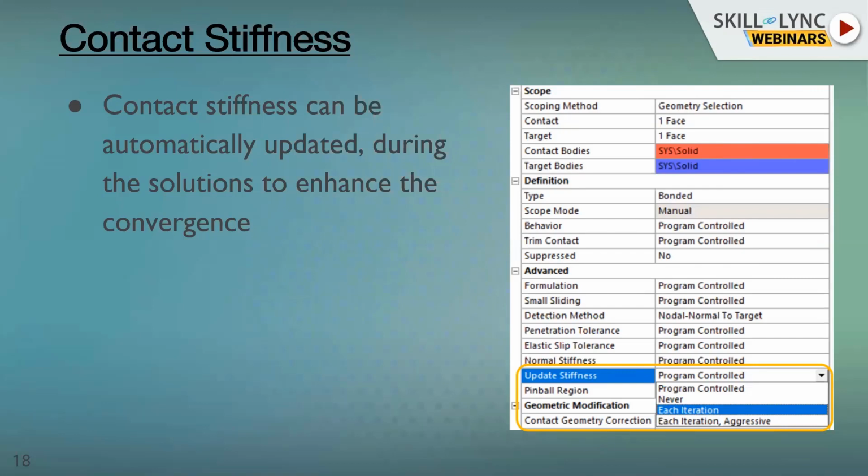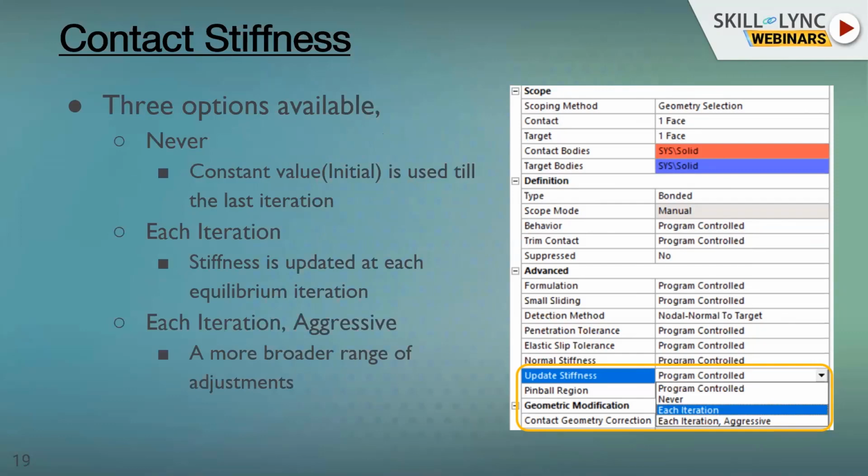Both of these give the user more control to update the contact stiffness on each iteration. If you keep it program controlled, it will update on each iteration, and it is more accurate. It is recommended to update the contact stiffness on each iteration, so that the contact uses the latest information, and you will not observe any kind of patches or penetration at the end of the analysis.